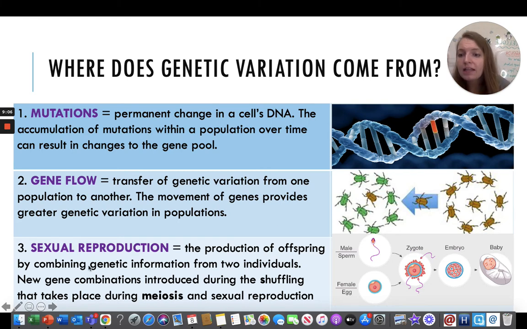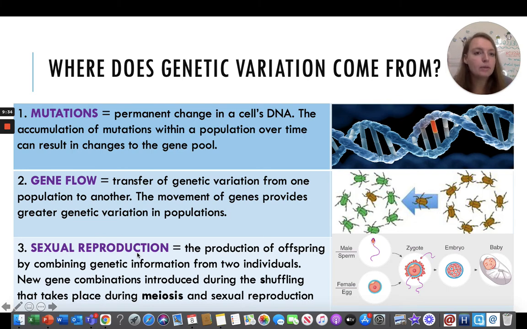And so that adds variety to the green beetle population, and there might be some interbreeding and then even more variations. All right, the third way is sexual reproduction. Sexual reproduction. So this is combining the genetic information of 2 individuals for new offspring, to have a baby, right? And so these new combinations are going to shuffle around the genes, and there's going to be new variations that are introduced.